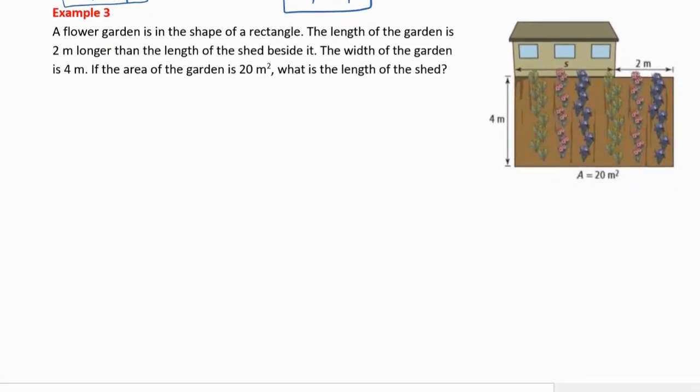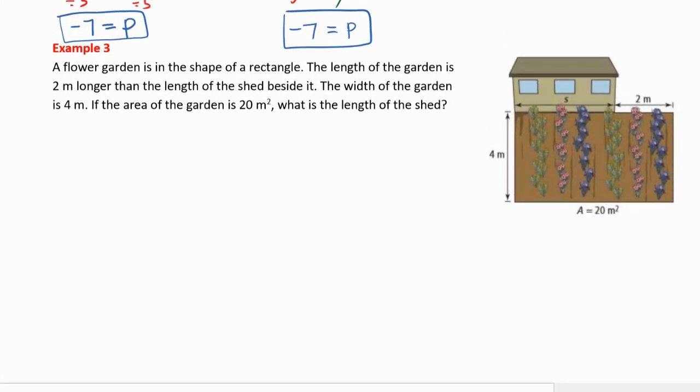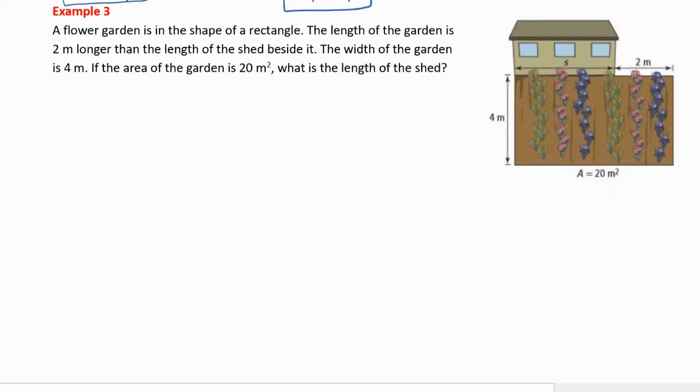Let's move on to the word problem. Example 3. A flower garden is in the shape of a rectangle. The length of the garden is 2 meters longer than the length of the shed beside it.